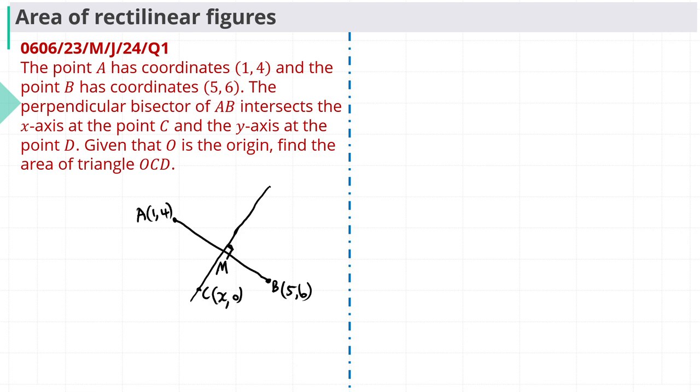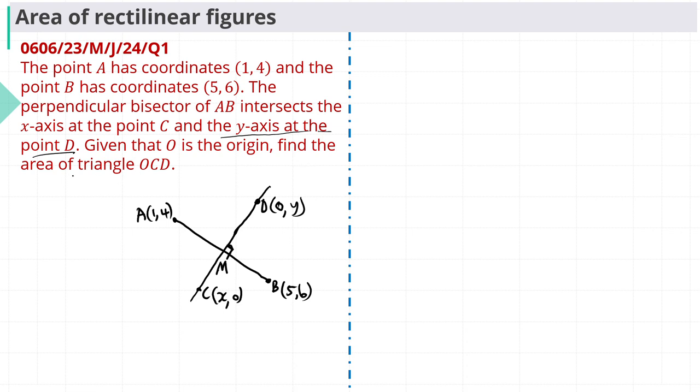And this perpendicular bisector intersects the y-axis at the point D. So there is a point D on this perpendicular bisector. We learned that at the y-intercept, the x coordinate is 0.